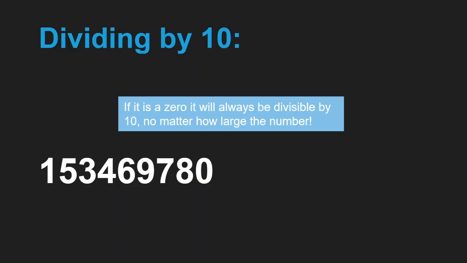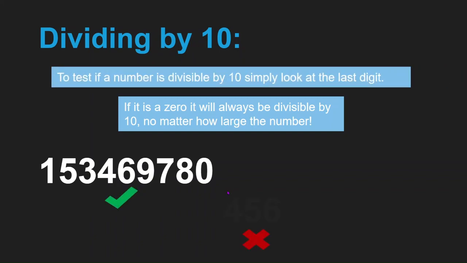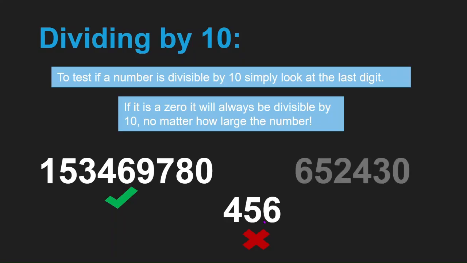That is divisible by 10 because it ends in a 0, right? Oh, whoops. That's going in the wrong order, right? But you get the idea. To test if a number is divisible by 10, simply look at the last digit. If it's a 0, you are good. If it is not a 0, it is not divisible by 10.